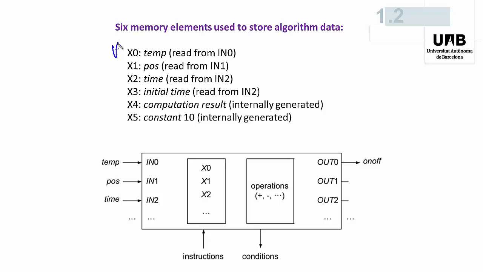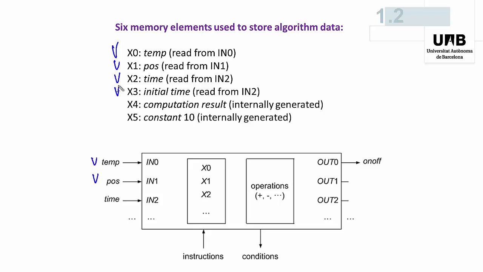It is read from input port 0. We will use x1 to store the selector position read from input port number 1. X2 will read the time from the external clock.